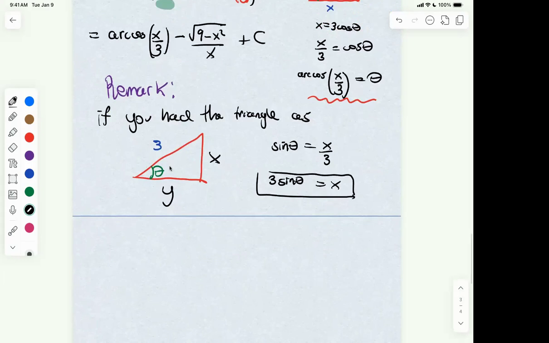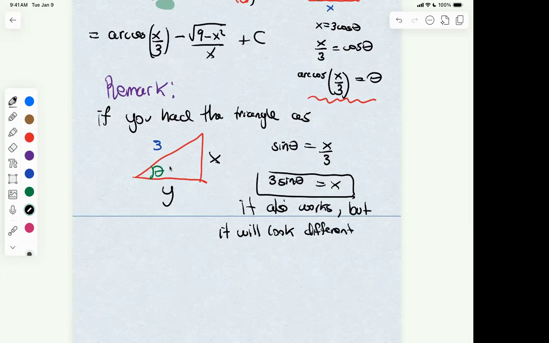Even though it would look a bit different because it would have arc sine, it also works. But that's a minor difference.